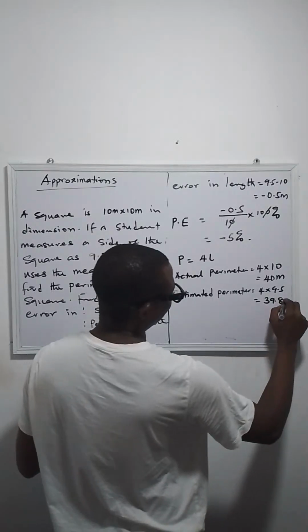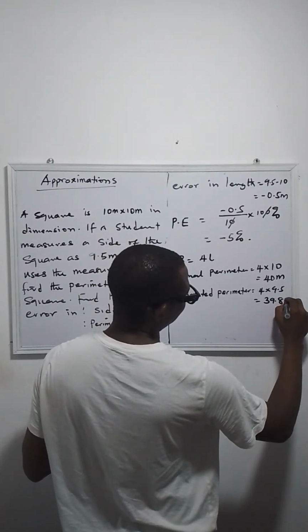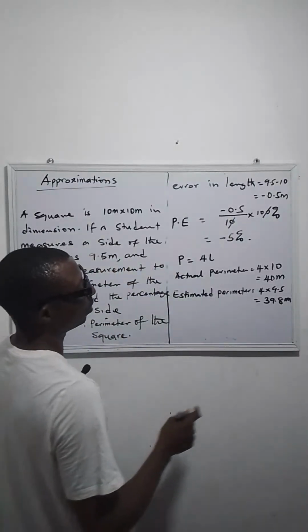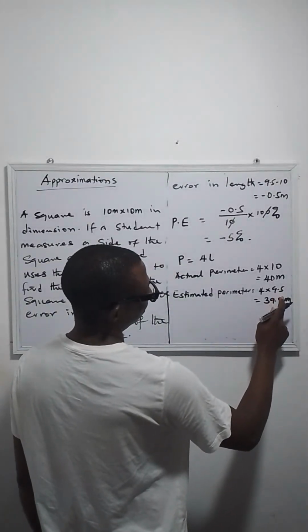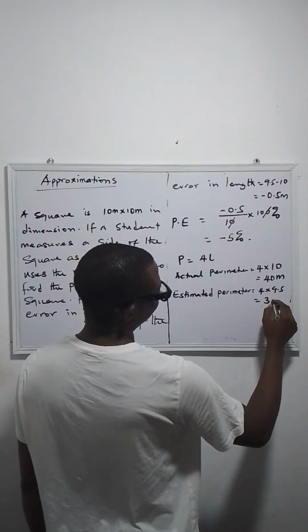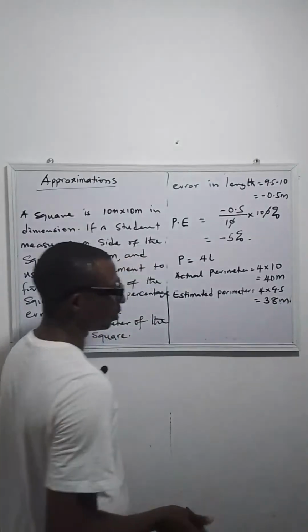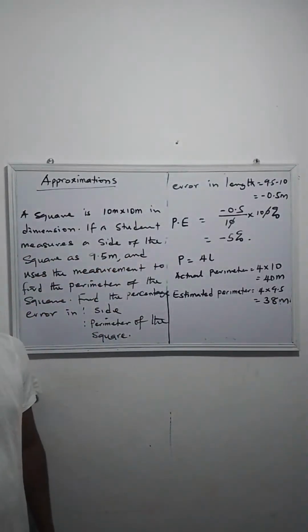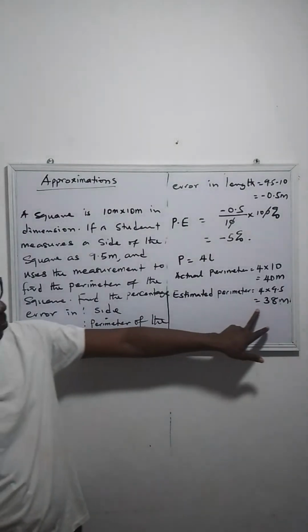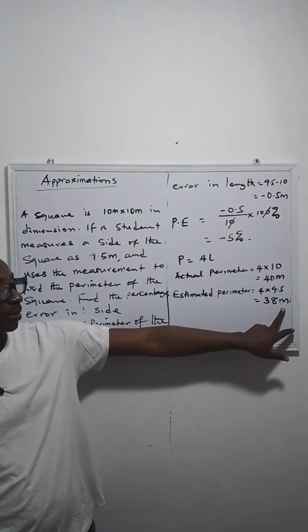So that's what we have, 39.8 meters. Okay, or we say, okay, that should be 38. That should be 38 meters. Okay, so that's what we have. Okay, so now you can see the error made by the student, 38 meters.